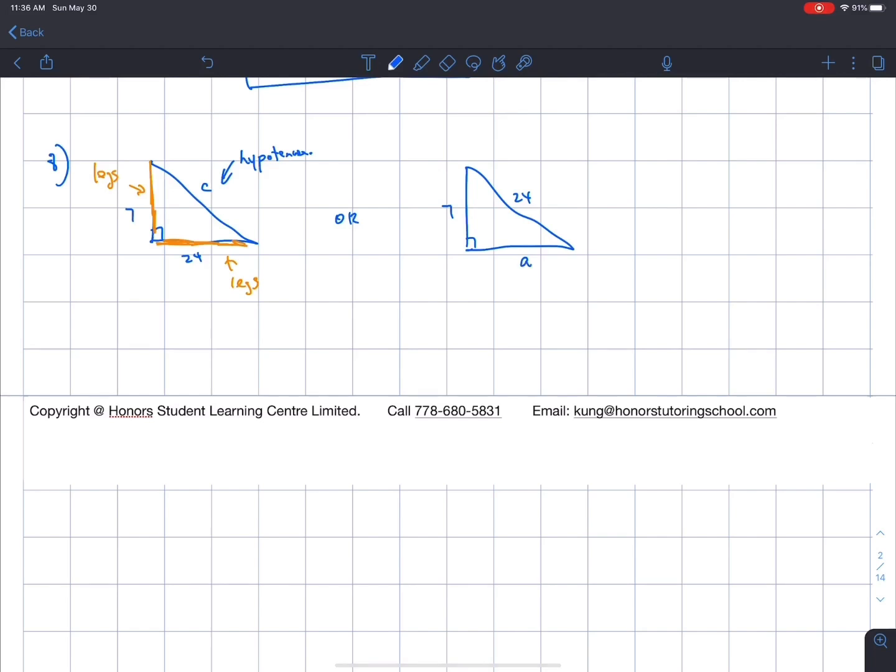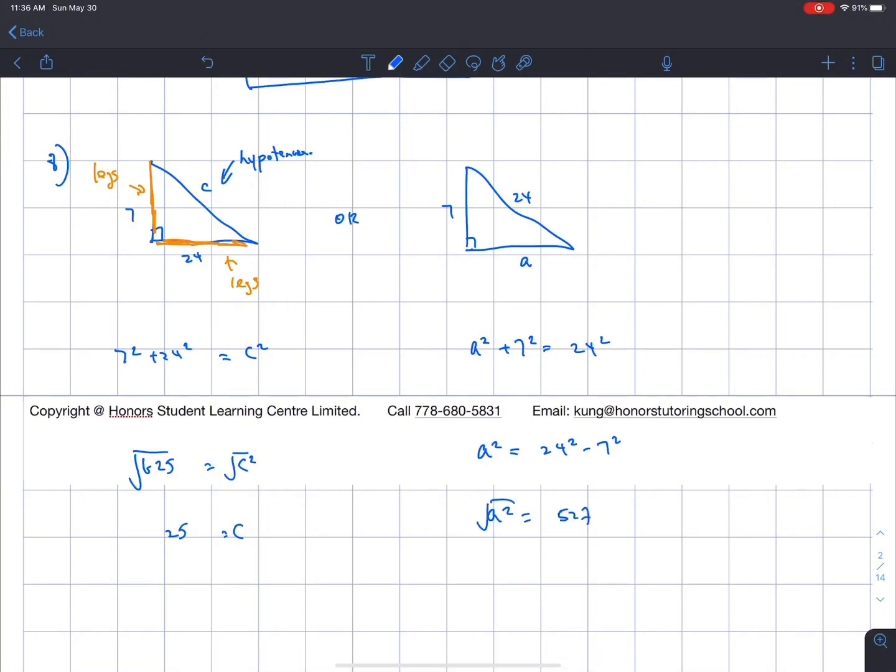Okay, so those are the two possible triangles. So we have 7 squared plus 24 squared equals c squared. We have 625 equals c squared. We square root both sides, we get c equals 25. Here, in the other triangle, we have a squared plus 7 squared equals 24 squared. a squared equals 24 squared minus 7 squared. a squared equals 527.